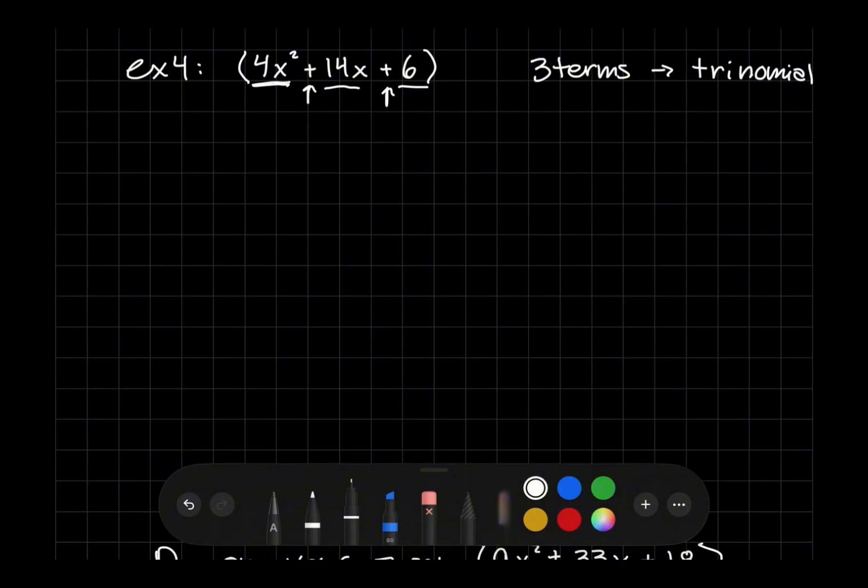Our very first thing whenever we're dealing with a trinomial is we want to take out our greatest common factor. This is going to be the number that we can find in every single term. Okay, so my terms are 4x squared, 14x, and 6. Well, the good news is I'm not going to have to deal with any variables because I would need a variable in every single one to deal with it.